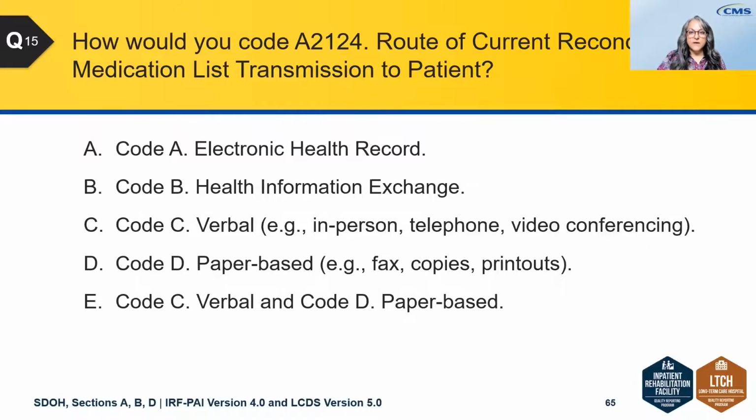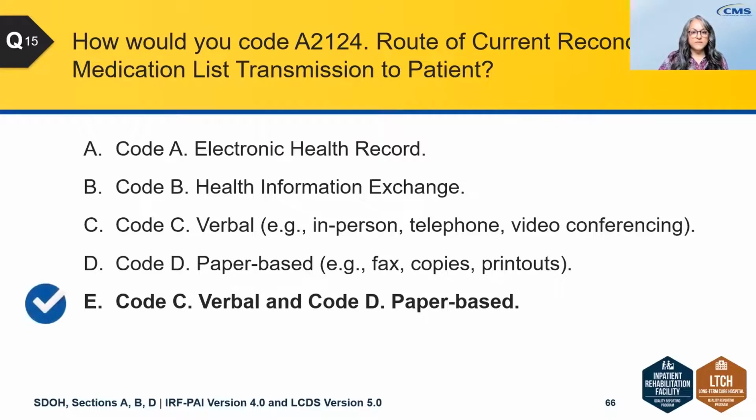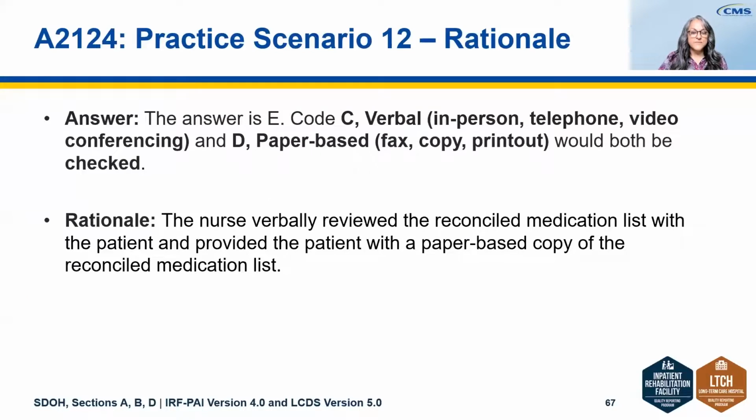Okay, I think we can probably close the poll on this one. Okay, and let's move to the answer slide, please. And the answer is E, code C, verbal, and code D, paper-based. We have about 83% choosing E and 13% choosing D. So that one was a little tricky.